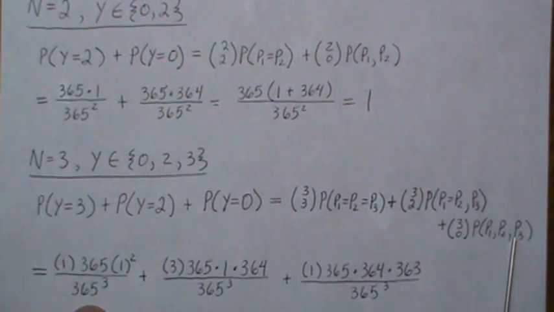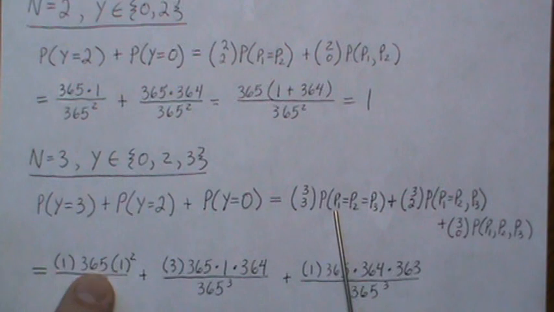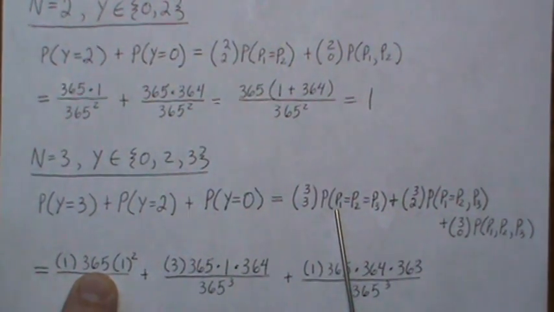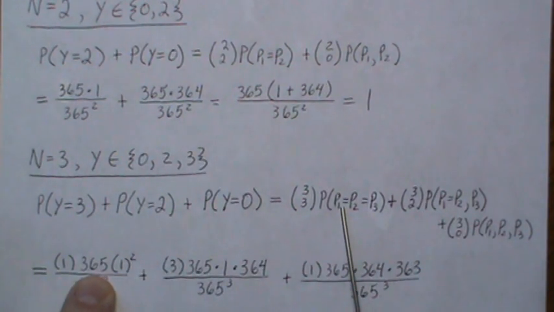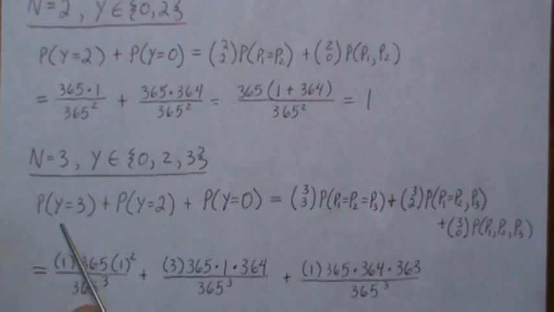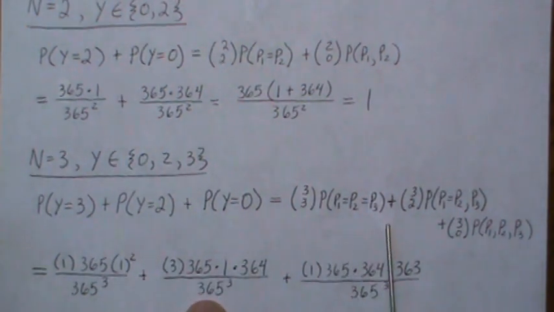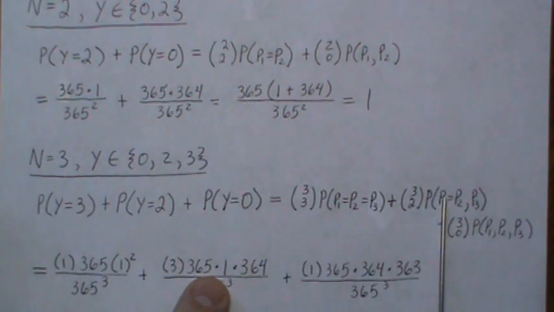Okay. So here we have 1. Now this person has 365 days that it can be. And then the next 2 only have 1 day because it has to match. So this is this probability. Probability y equals 3. Here we have 3 choose 2, which is 3. And then here the first person has 365 days to choose from.